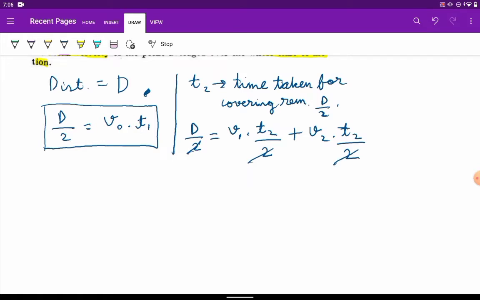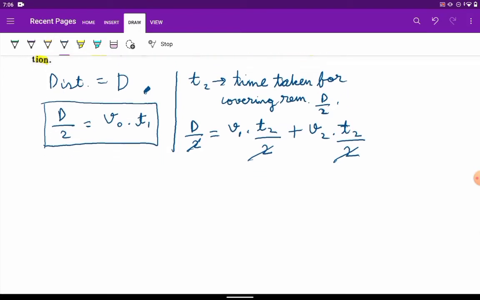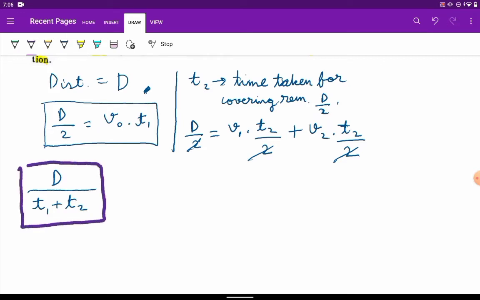What we need to find out finally is this quantity D, the total distance, divided by the total time. The total time is t1, the time taken for the initial half, plus t2, the time taken for the remaining half. I'll just mark it in some other color.